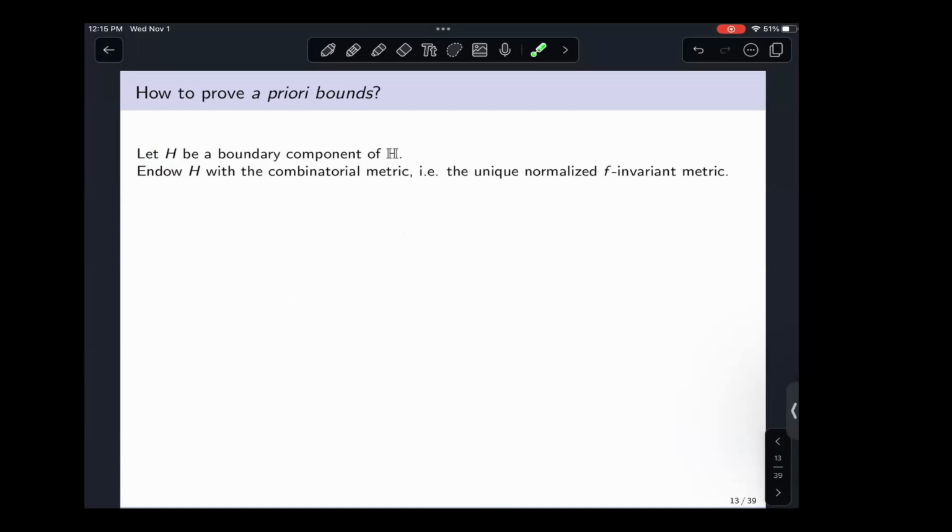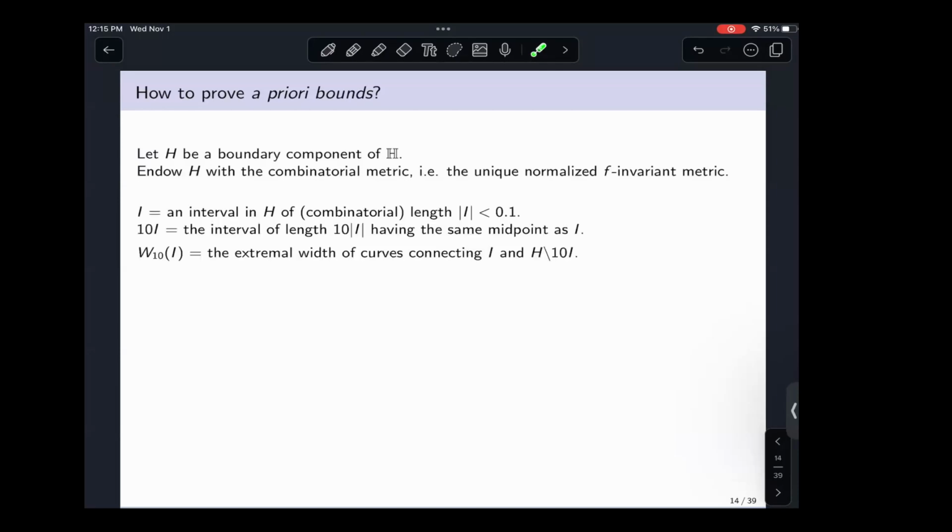This is the unique normalized F-invariant metric. It's a unique one because I know that this is just irrational rotation, and it comes with a unique normalized ergodic measure. And I'm going to select an interval in H of some small combinatorial length, say, less than 0.1.